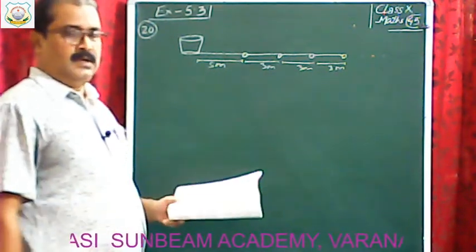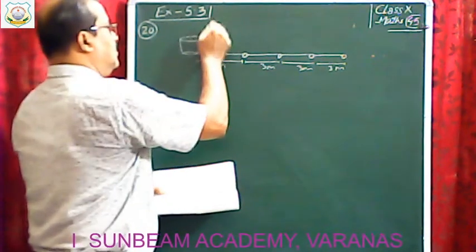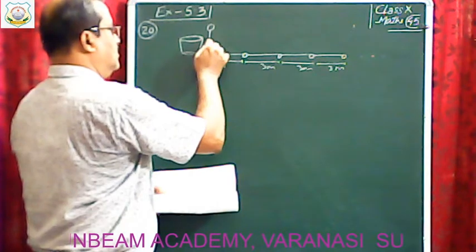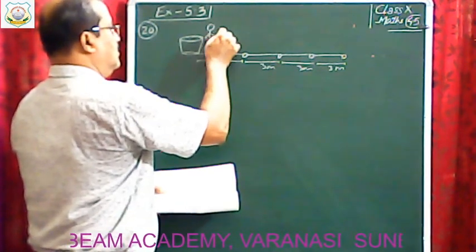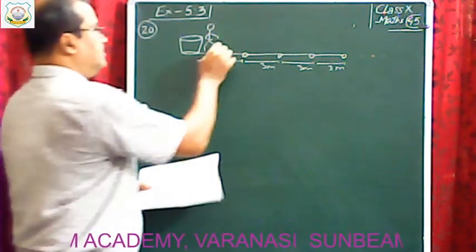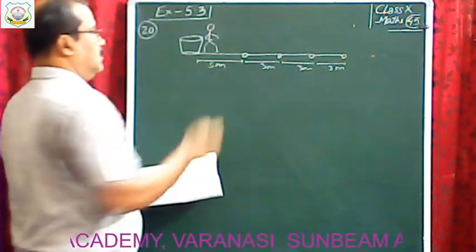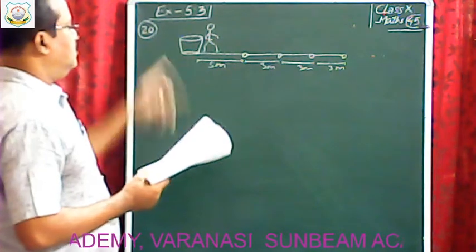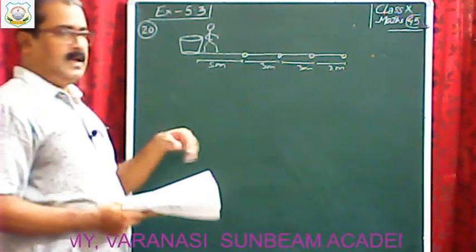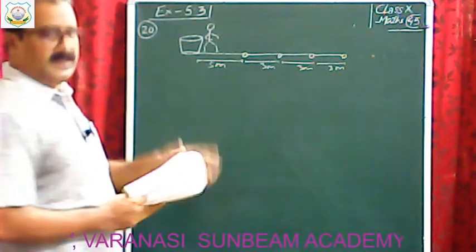The rule is this: the competitor starts from the point of the bucket, picks up the nearest potato, returns and drops the potato inside the bucket.